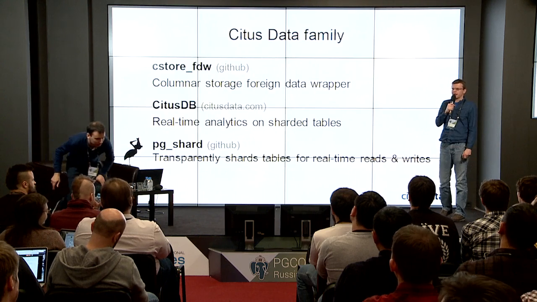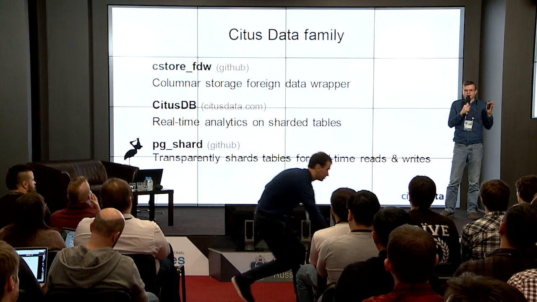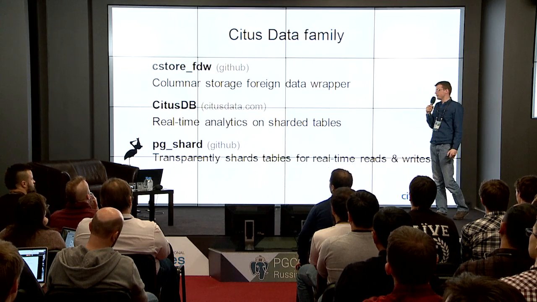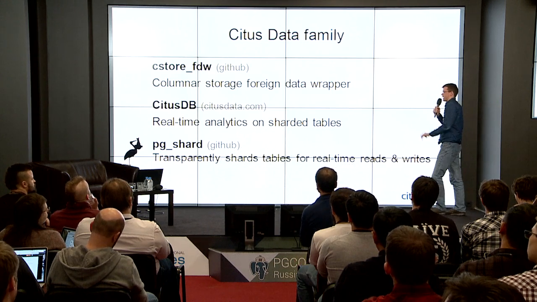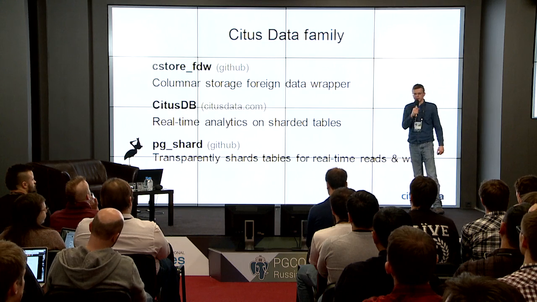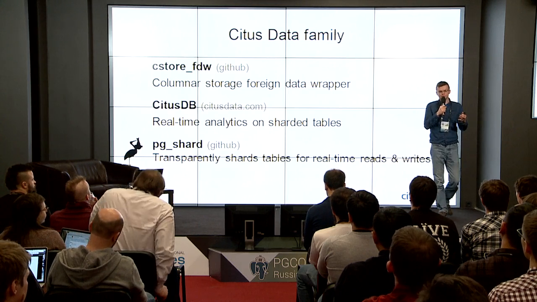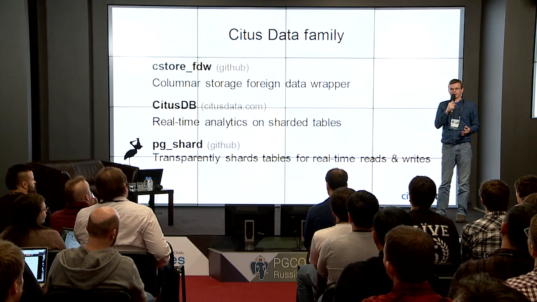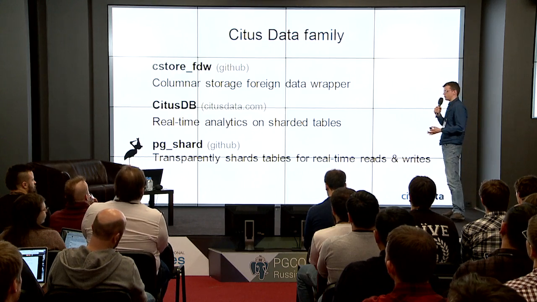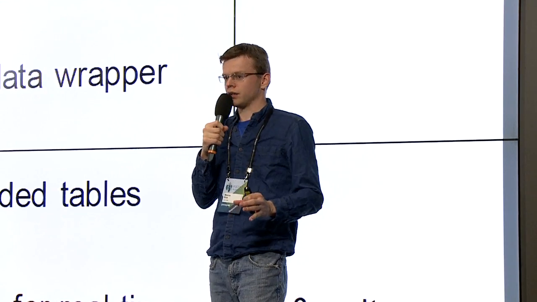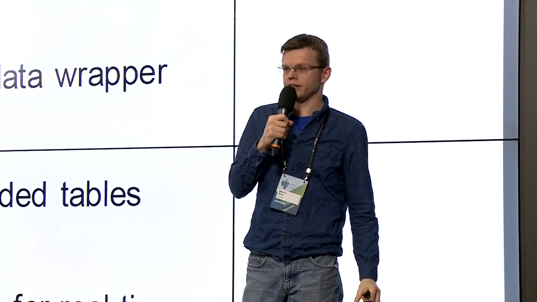At Citus Data, we have a family of projects, if you will. We have CStore, which is a foreign data wrapper that allows you to store tables in columnar format. That means that all the data in a column is stored as one block on disk. This has two advantages.